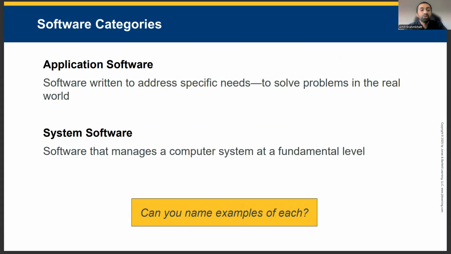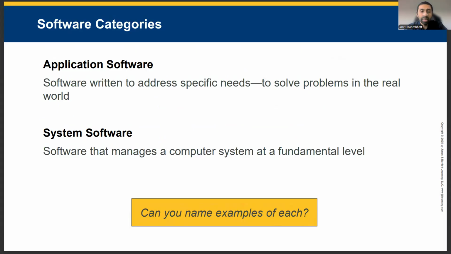Here, we understand two main categories of software: application software and system software. Application software includes programs we use to solve real-world problems, things like word processors, web browsers, or games. System software, on the other hand, manages the computer at a fundamental level. This includes the operating system, file systems, device drivers, and utility programs.